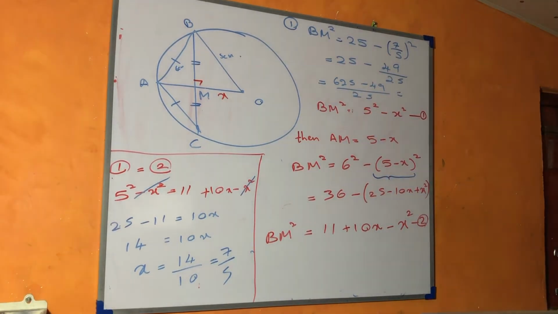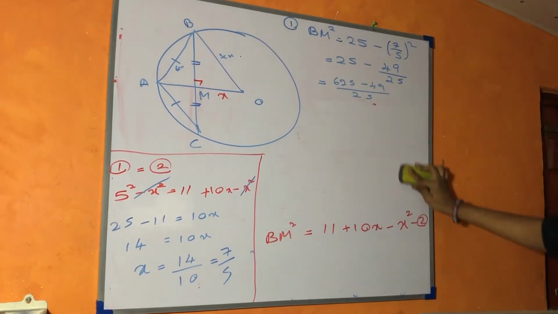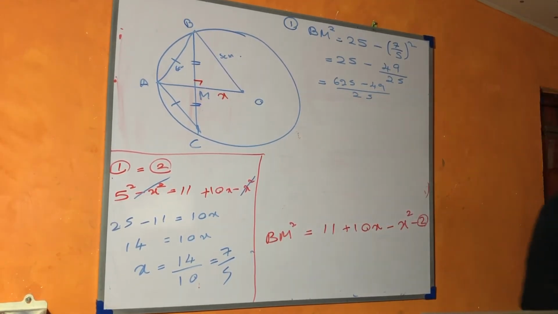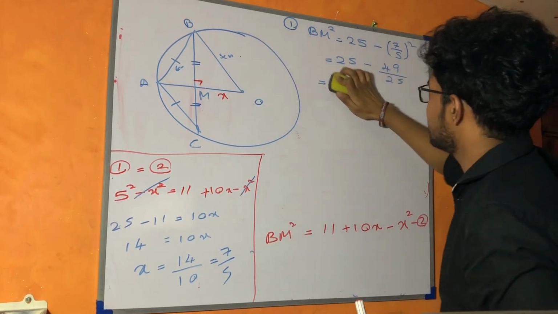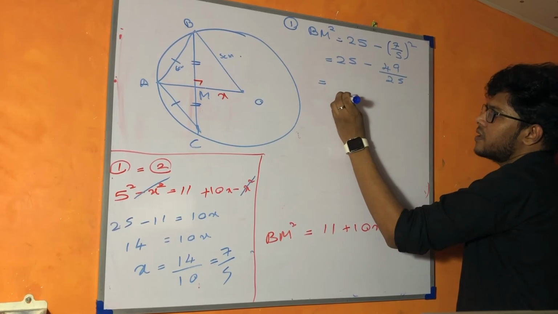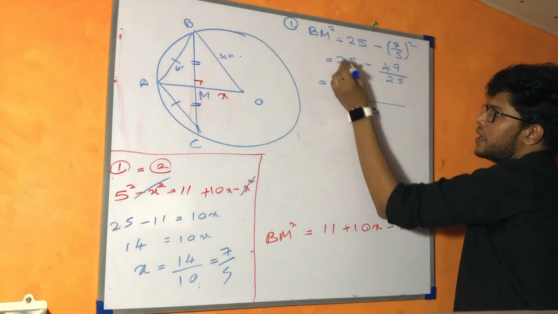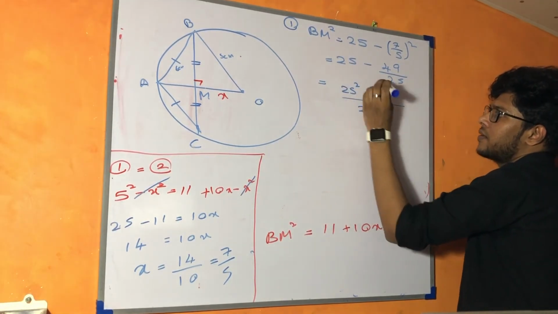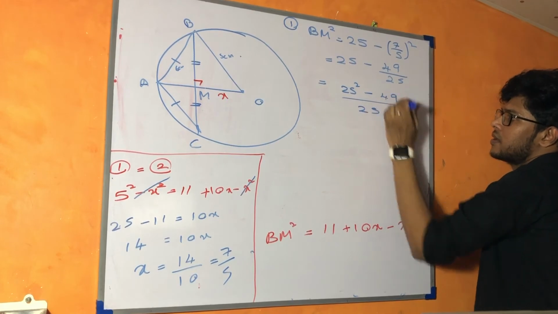So when you simplify this, let us simplify this, okay? Here if I take the common denominator 25, here I have 25 squared, right? Minus 49, right?